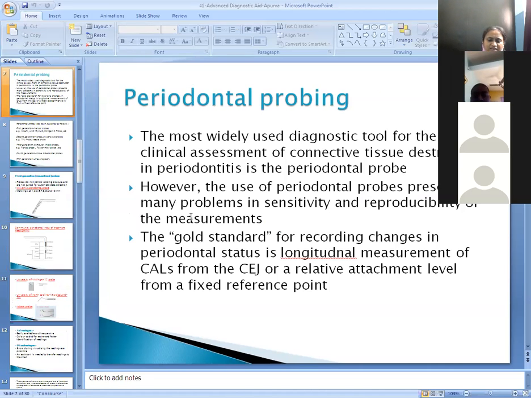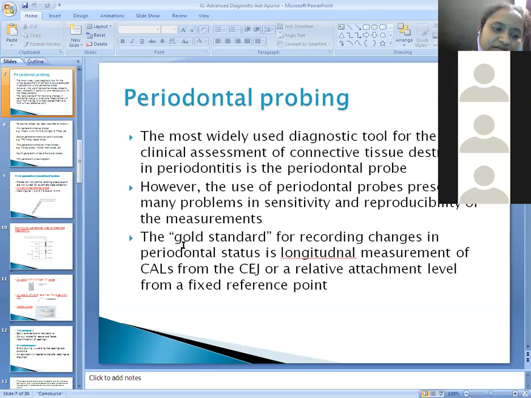WHO probe is there, right? Other than that, Williams probe, we use Williams probe also. CPITN. Yes, very good. CPITN or WHO probe.